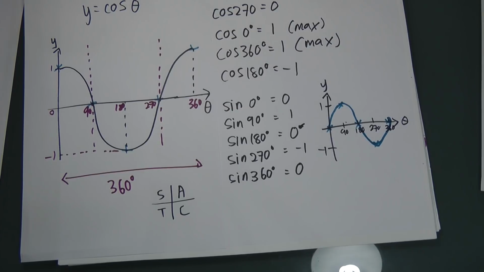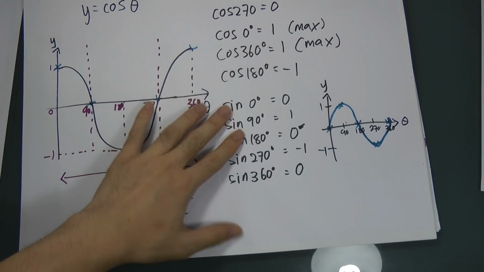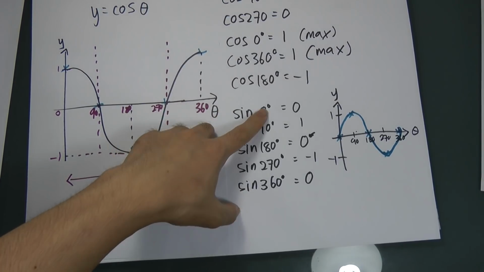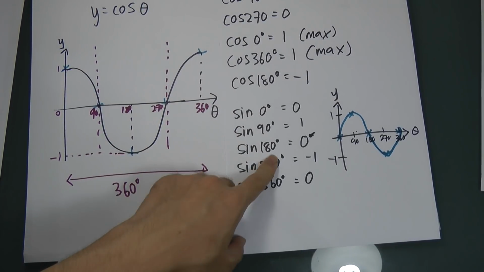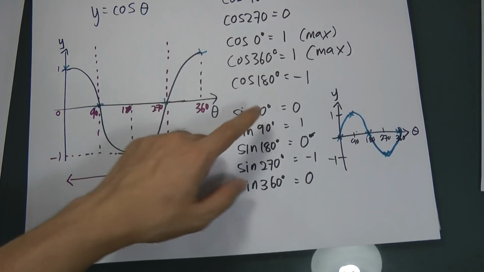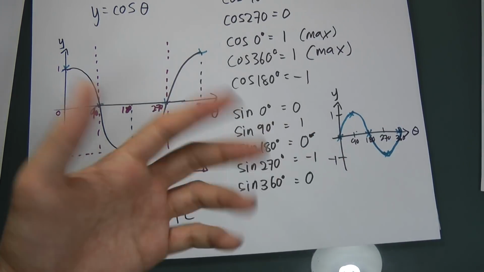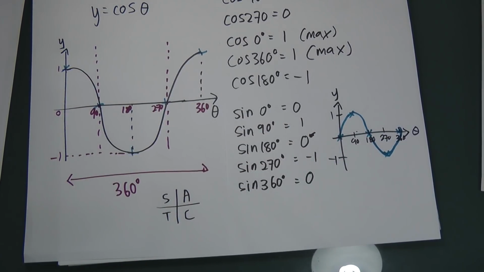Same thing you can do for cos. If you forget about the cos graph, just write cos 0, cos 90, cos 180, cos 270, cos 360, and then press your calculator, find out all the values, and then plot it. That's all, and then you got the idea.